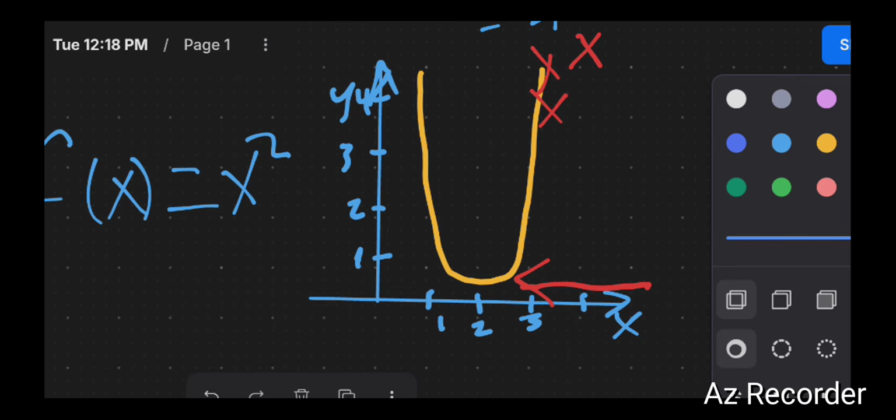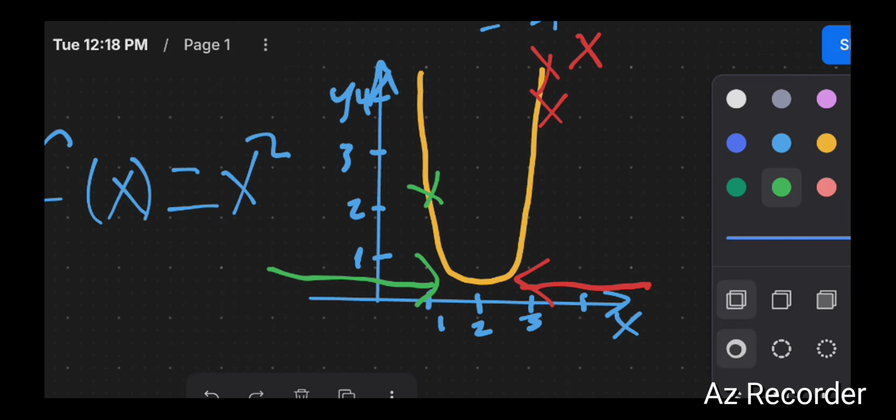Now let us approach 2 from the right direction and see how f of x behaves. If we're approaching 2 from the right direction, it means we are coming from this direction. Let's say for x equals 1.5, if we compute f of 1.5, f of x will be 2.25, and that is a point which is somewhere around here, because this is 2 and this should be 2.5.